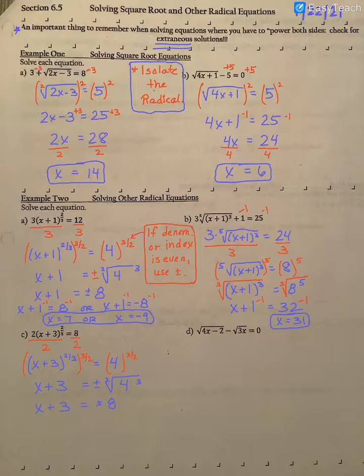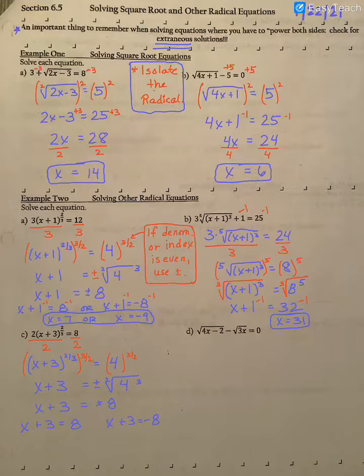Now, if you can solve it like that, and you can finish it up and get your 2 answers, that's great. Otherwise, feel free to split this into 2 equations. An equation that says x plus 3 equals positive 8, and an equation that says x plus 3 equals negative 8. If it's x plus 3, how do we solve it?